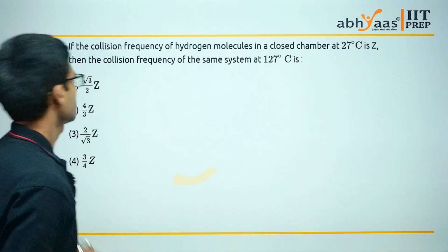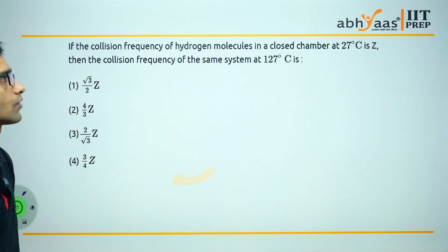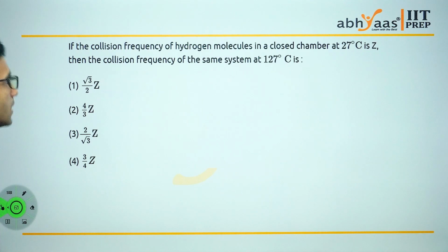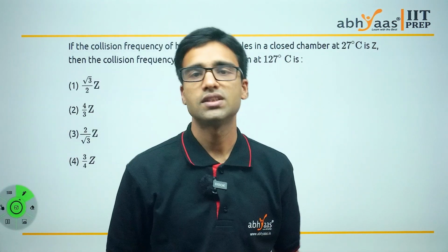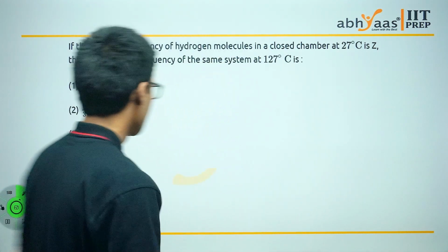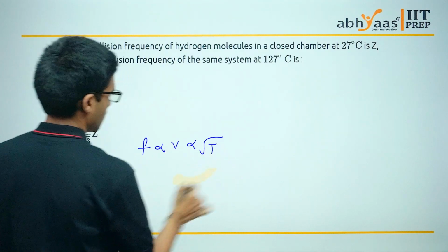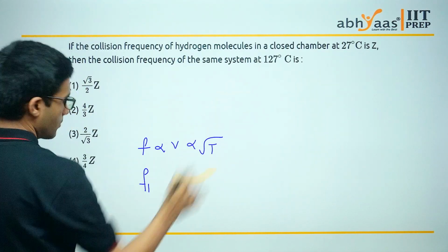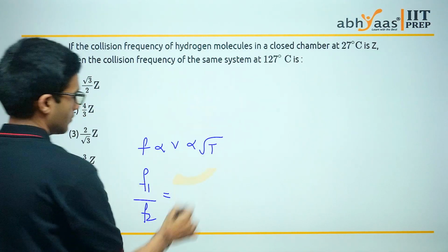Okay, next one. You know that our collision frequency of a hydrogen molecule in a closed chamber is Z. Collision frequency of the same system at 127 degrees centigrade. If the mean free path is constant, then F is proportional to V, proportional to root T. So if you consider F1 at a temperature T1, F2 at a temperature T2, that is 127 degrees centigrade.